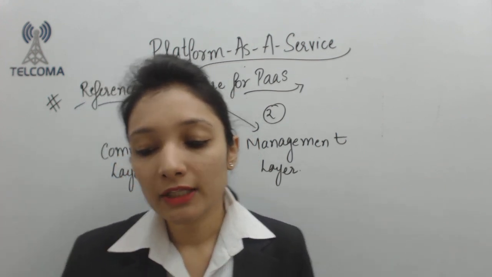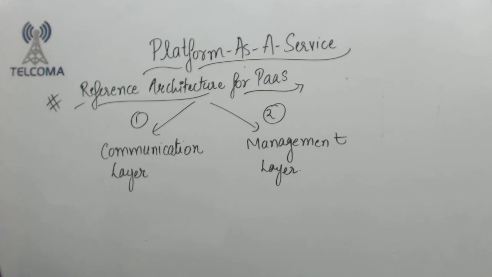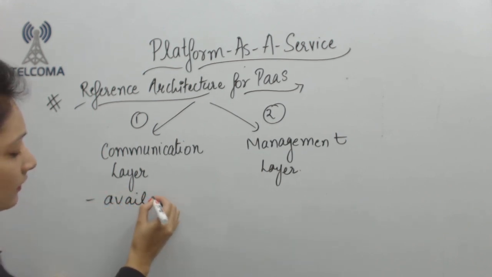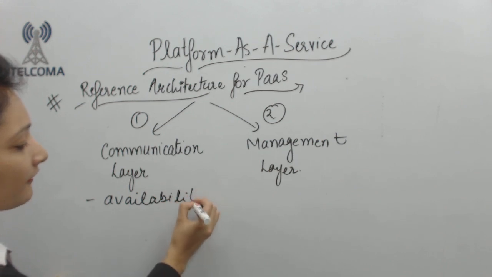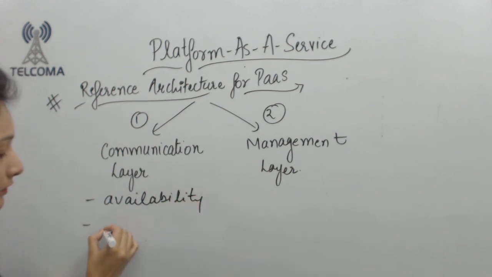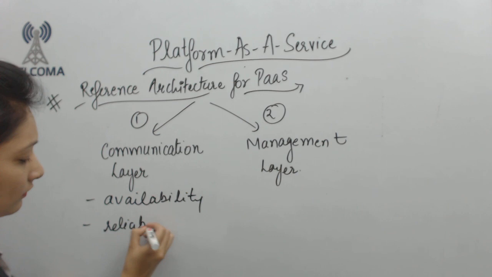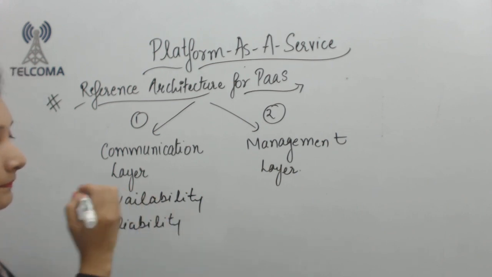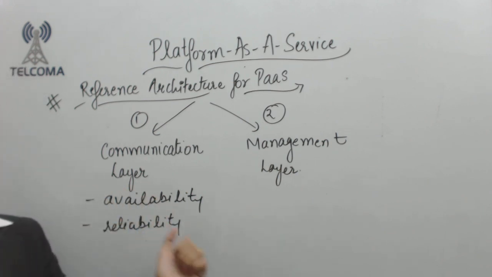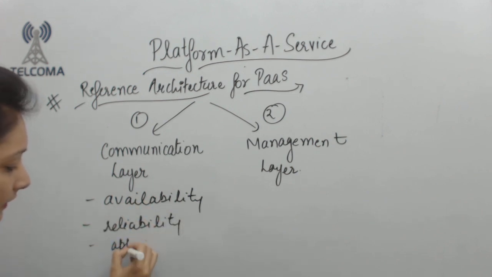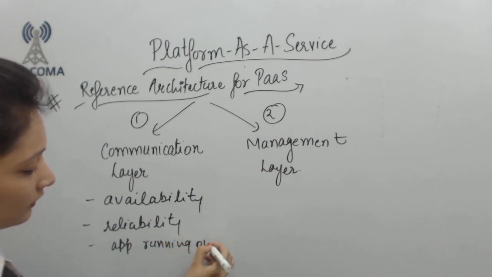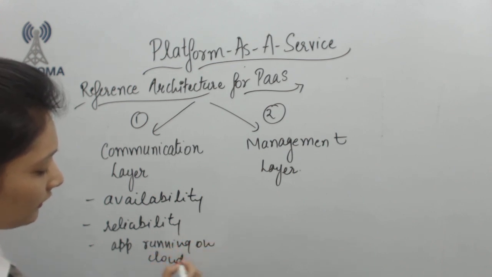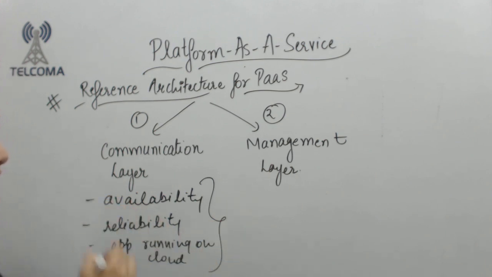That means the communication layer is responsible for the availability of the resources on clouds, the reliability, and the various applications running on cloud, meeting all these requirements.